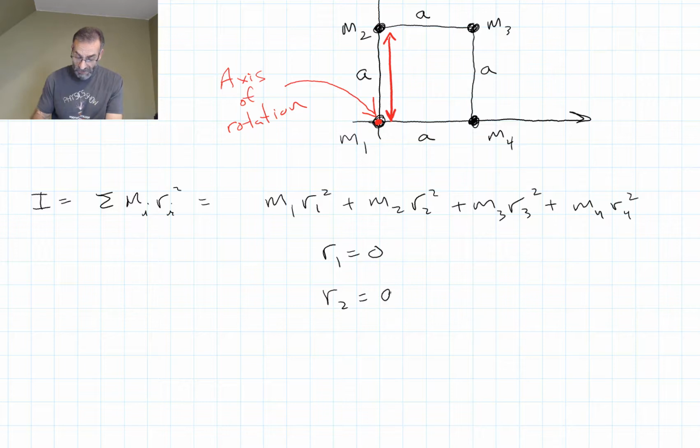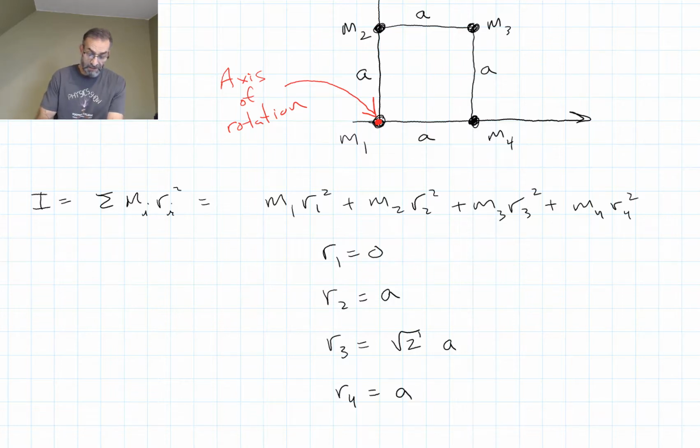So R2 is equal to A. M3 is located at distance the square root of 2 times A. And R4 is a distance A from the axis of rotation, as you see here.